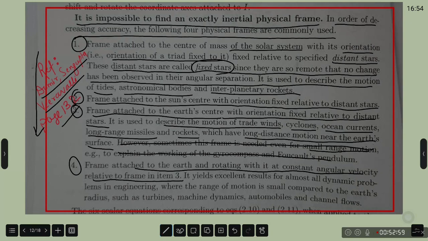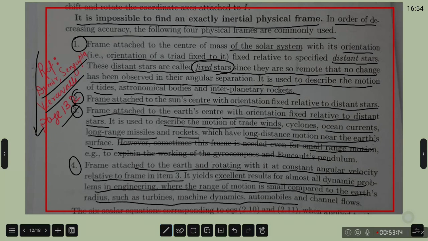The fourth frame yields excellent results for almost all dynamic problems in engineering where the range of motion is small compared to the Earth's radius, such as turbines, machine dynamics, automobiles, and channel flows. That's the fourth reference frame, which is essentially attached to Earth.